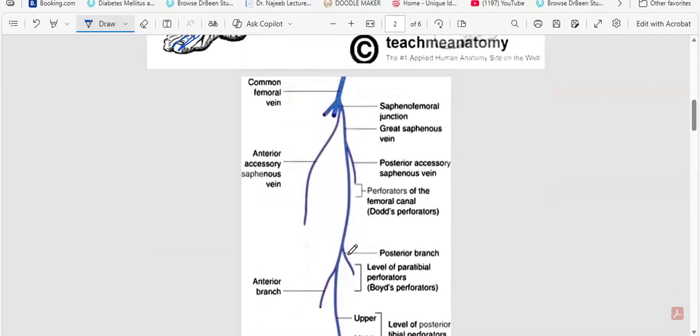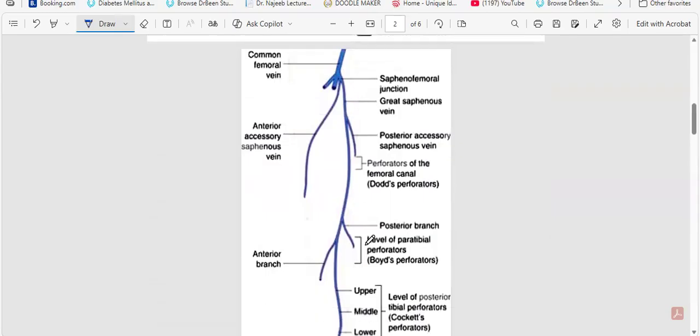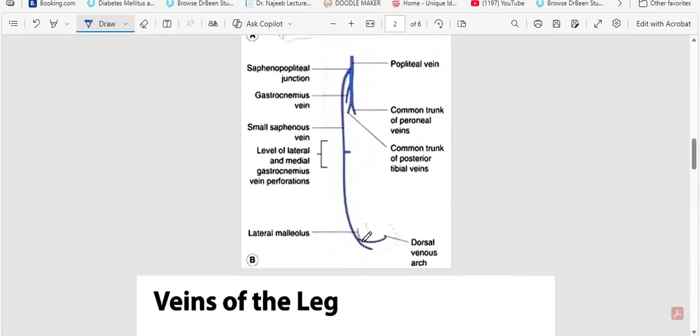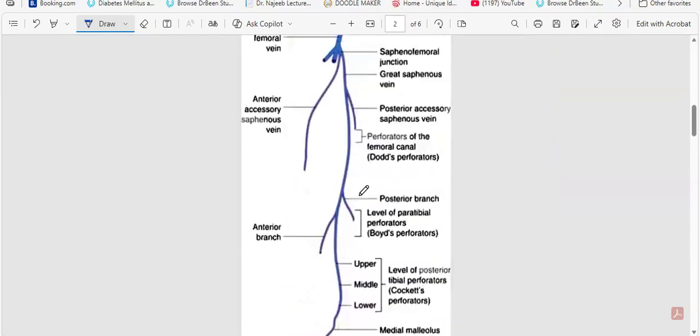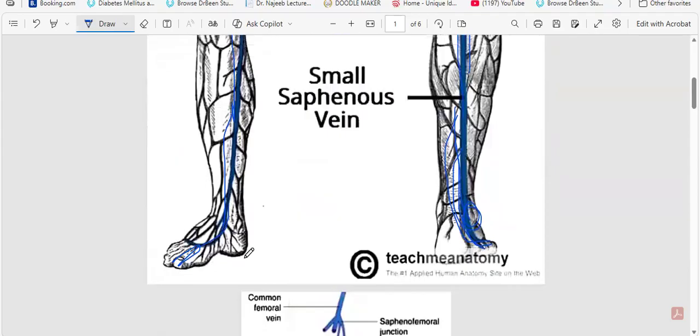The great saphenous vein has its branches. While it goes from the dorsal side, the great saphenous vein goes on the medial side, and the small saphenous one is going on the lateral side. This is the malleolus bone. Here you can see this is in front of the malleolus bone, and this is behind the malleolus bone.